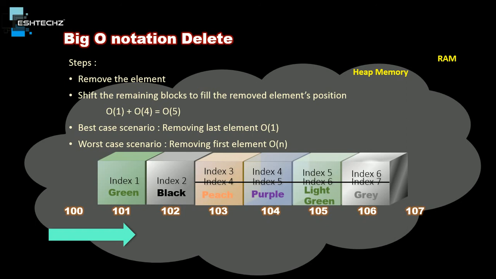This leads to the big O notation for this operation being O of n, where n is the size of the list. And as we have seen, the big O notation for the delete operation is not fixed. So it varies from O of 1 to O of n.